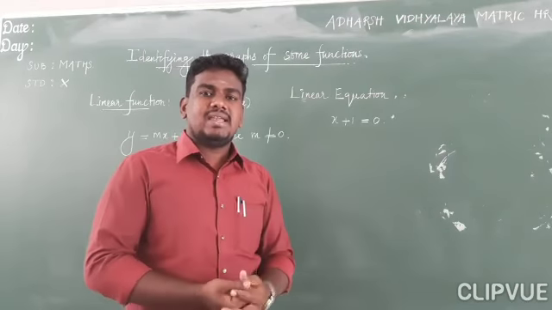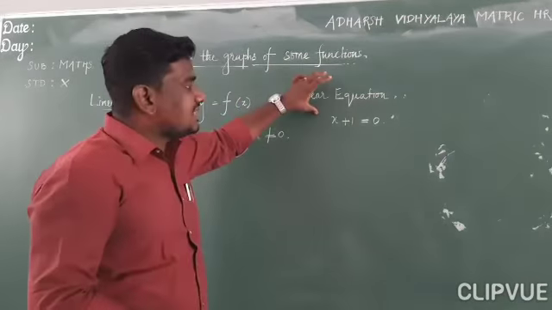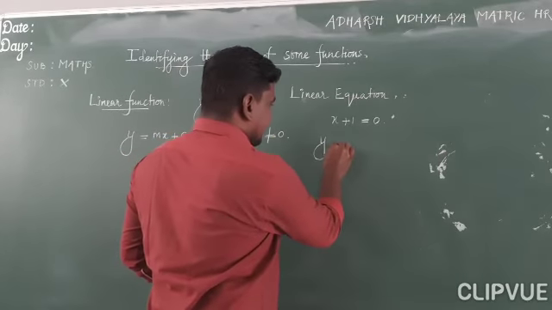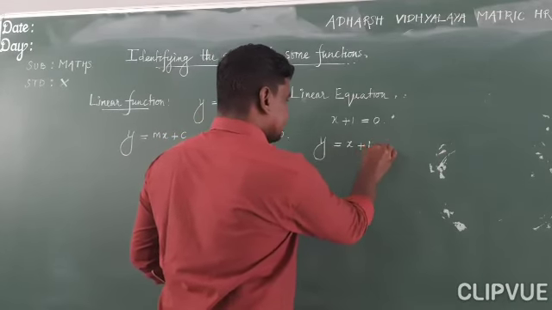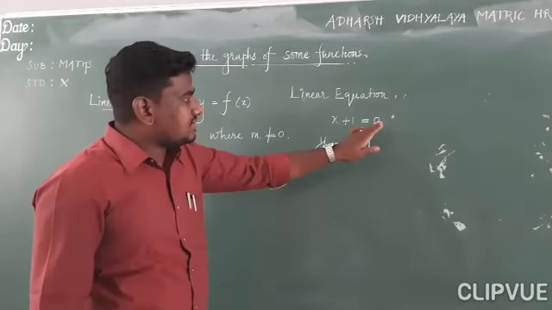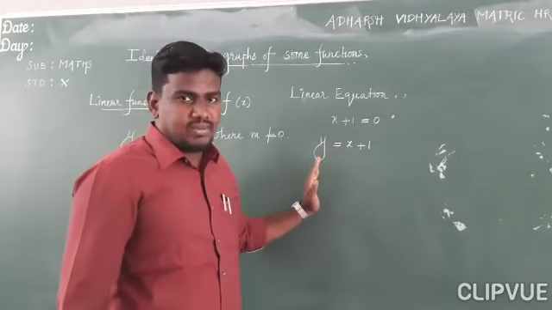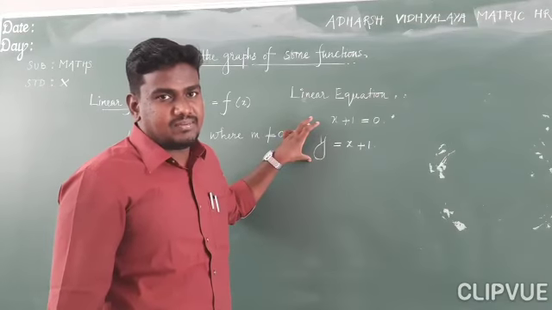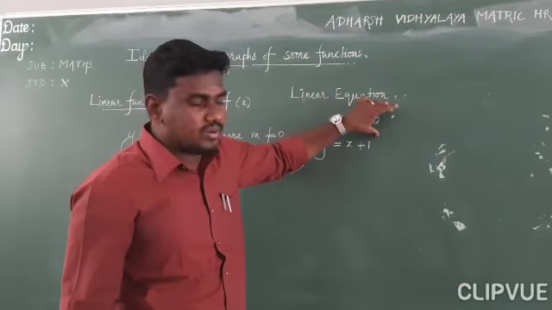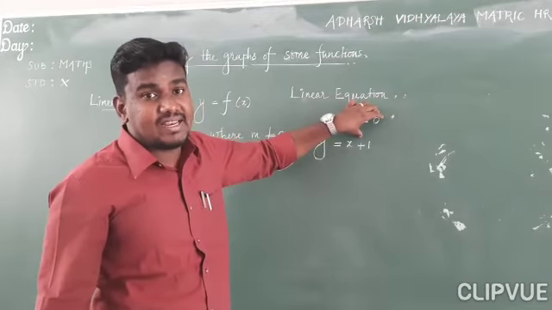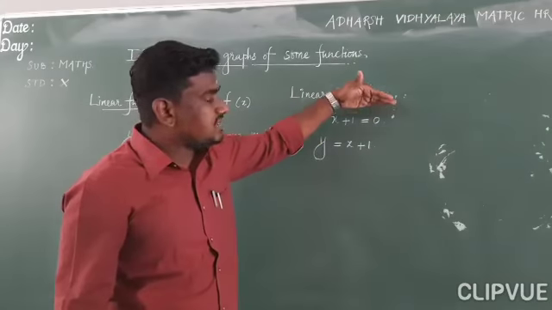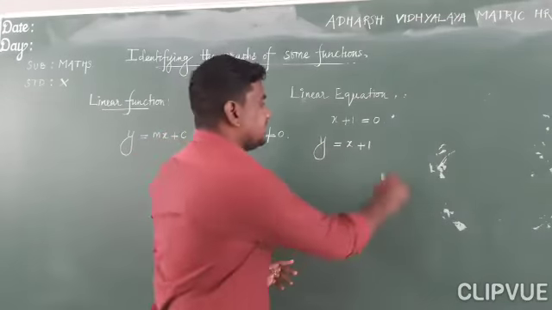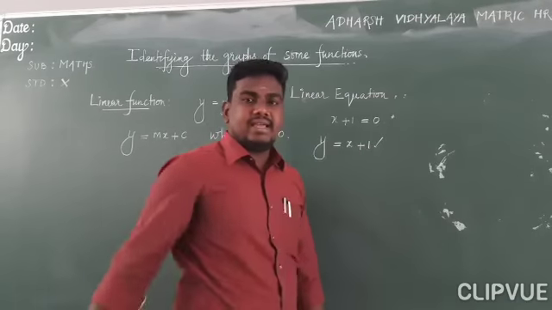If we consider it as a function, we can take y is equal to x plus 1. If we replace 0 by y, it becomes a function. Actually, x plus 1 is equal to 0 is a linear equation. If we replace 0 by y, it becomes y is equal to x plus 1. This is a linear function.